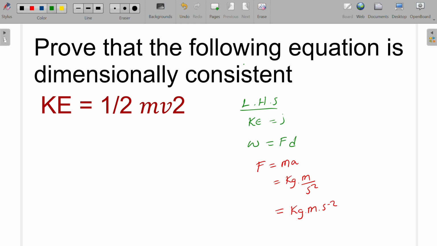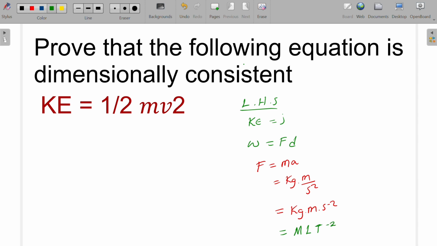All right, so coming up with the dimensions for force, you find that kg is mass, so it's represented by M. Then meters is length, so it's represented by L, and seconds is time, so it's represented by capital T, and this is to minus 2.